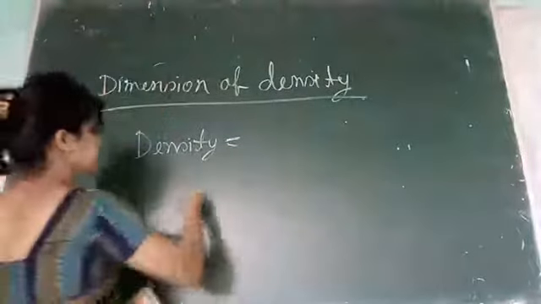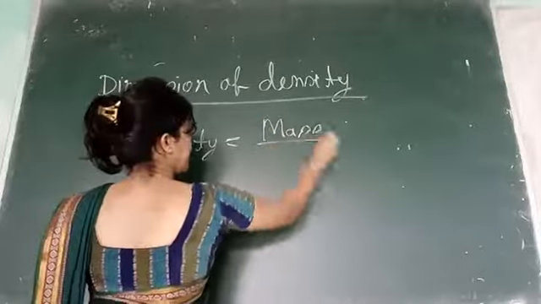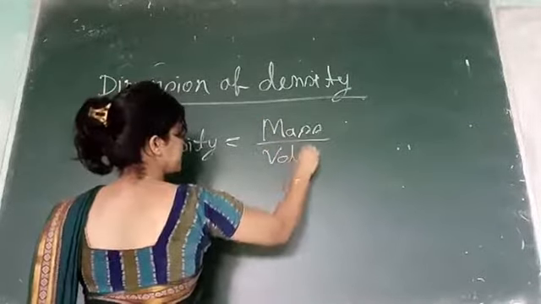So we can write density as mass per volume.